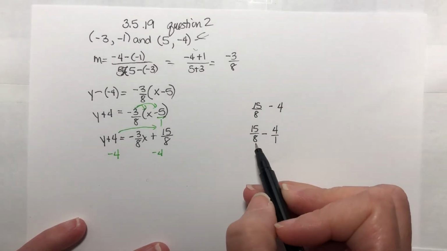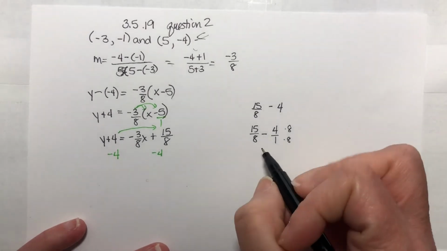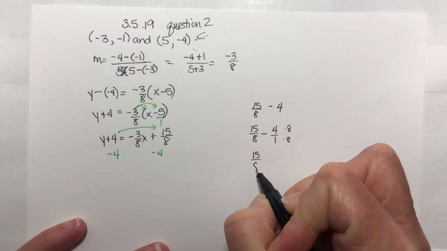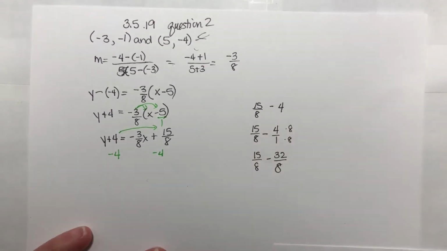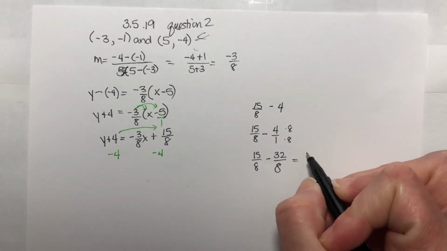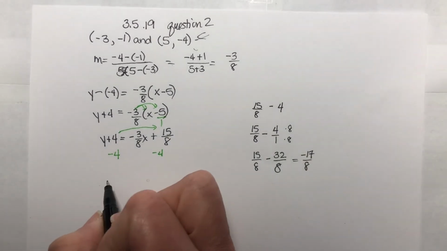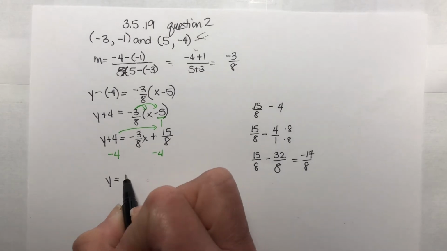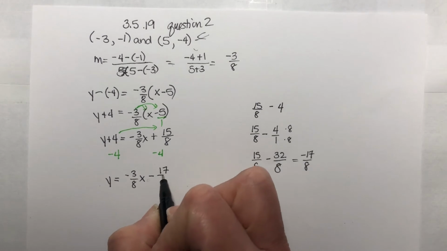Our common denominator is 8, so I'm going to multiply top and bottom by 8. That changes to 15/8 minus 32 over 8. Now that we have a common denominator, you just do 15 minus 32 to get -17, so -17/8. So this is y is equal to -3/8 x minus 17/8.